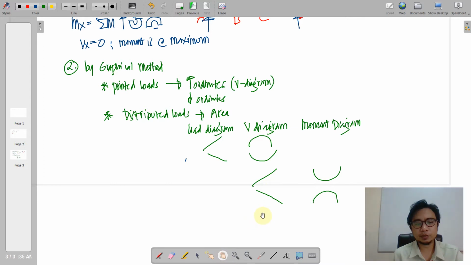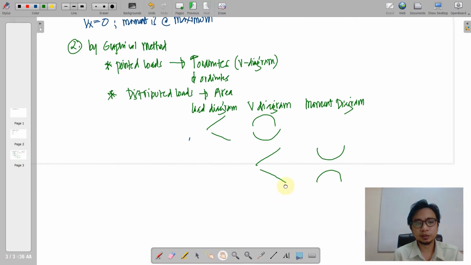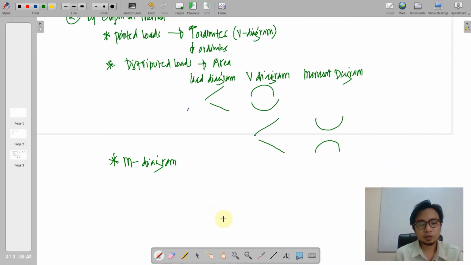And as for the ordinate of the moment diagram, our concern is the location of the maximum value, and that could be obtained by locating where shear is equal to 0.